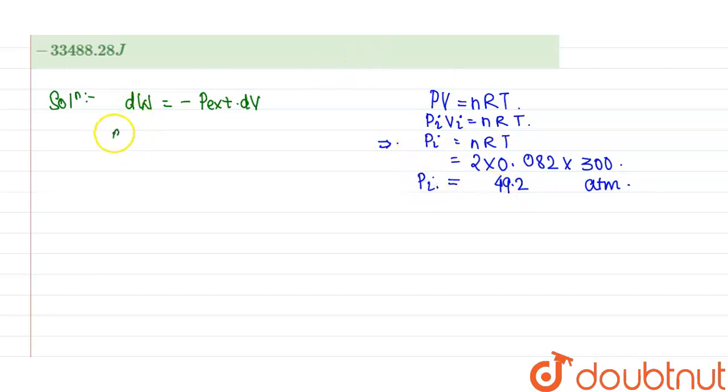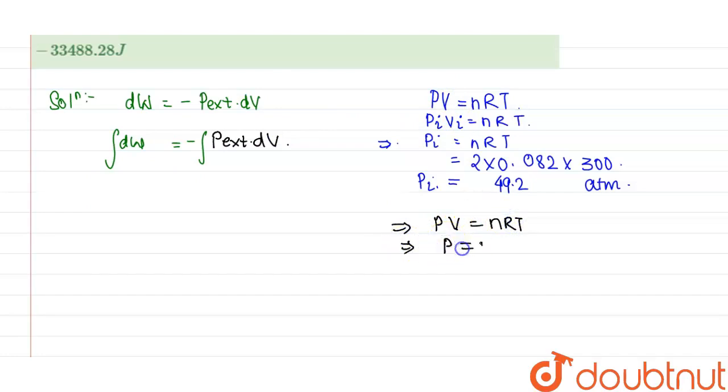Now coming back to this, if we integrate, dW by gas is equal to minus P external dV. We know that PV is equal to nRT, so P can be written as nRT by V. Applying it here, it will be minus nRT by V dV equal to dW.